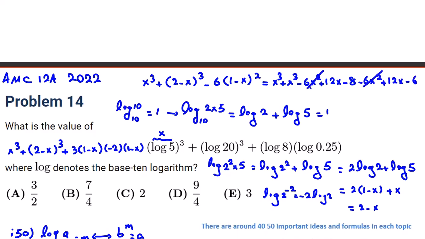So 6x squared, 6x squared. And here, sorry, it's 2 minus x cubed. We should negate the signs. It will be minus x cubed plus 6x squared minus 12x plus 8. Okay, then it will be negative 6x squared, negative 12x, and also x cubed, negative x cubed, and 8 minus 6 is what? Is 2. So the answer is choice C.